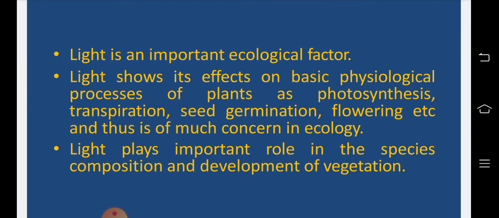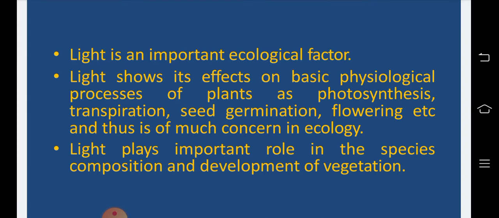So we know photosynthesis requires CO2, H2O, chlorophyll and light also. Light is very essential for activation of photosystems. Thus, light is an important ecological factor for photosynthesis.